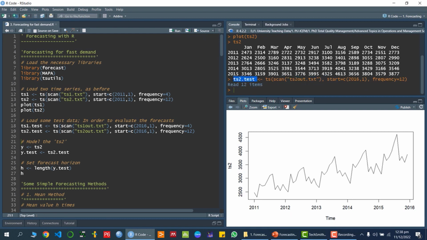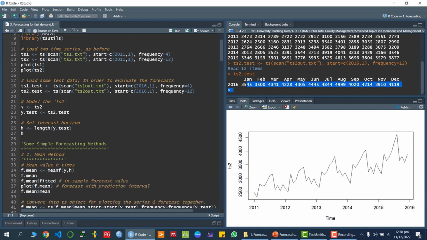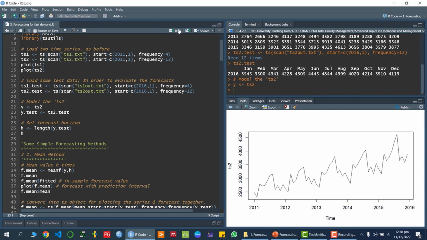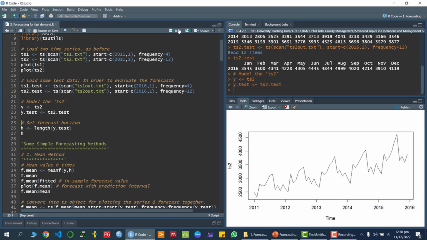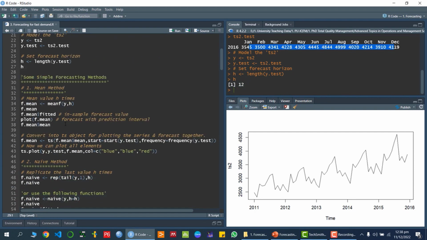If I call this one, you can see these are the 12 data points we have. Now I'm assigning ts2 to another variable, which is y, and ts2.test to y.test, and then I am assigning the forecast horizon, which is the length of y.test, equal to 12 months.